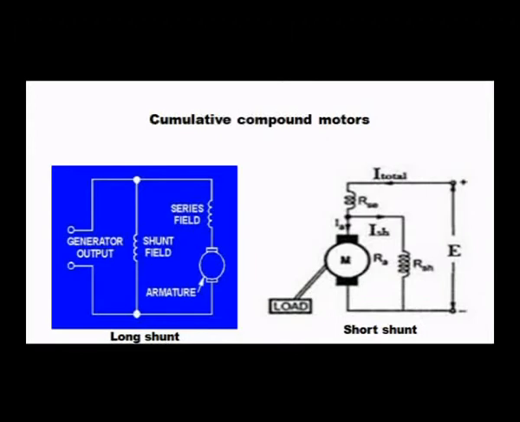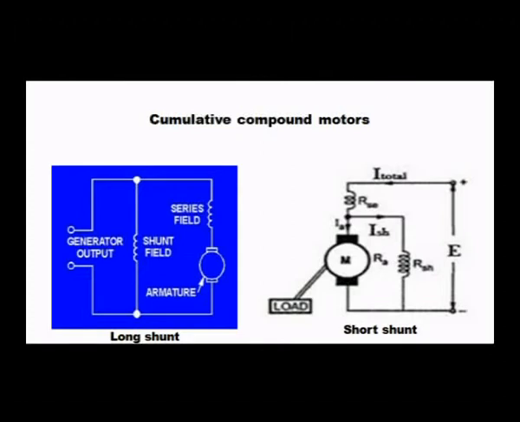Since it is a combination of both types of field windings, they are connected with the armature. Series field winding is connected in series with the armature, whereas shunt field winding is connected in parallel with both the series field as well as the armature winding. This type of connection is known as compound motors. Again, in compound motors we have two types, cumulative compound and differential compound.